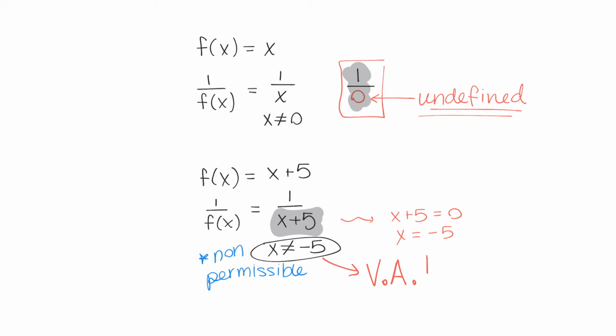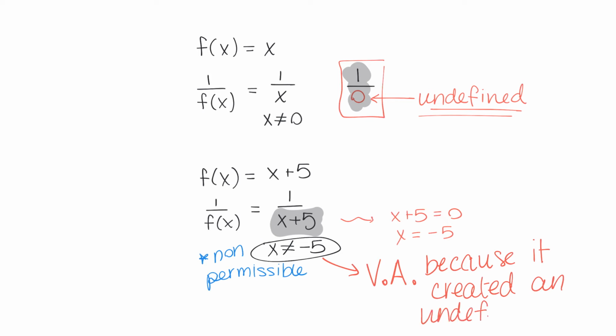And that's because it created an undefined region. So the non-permissible value that you found in your denominator is creating a vertical asymptote that the graph cannot graph.